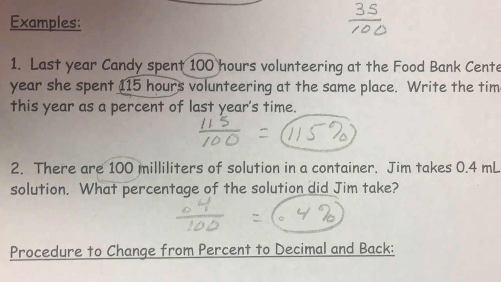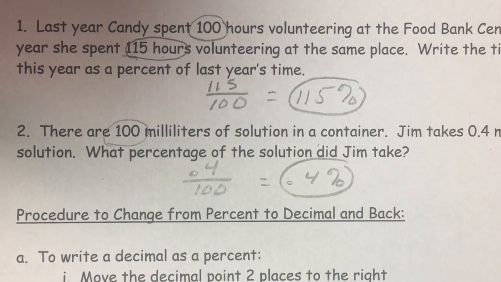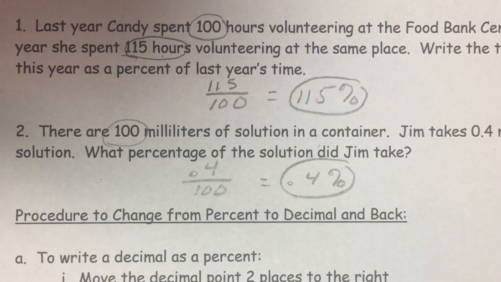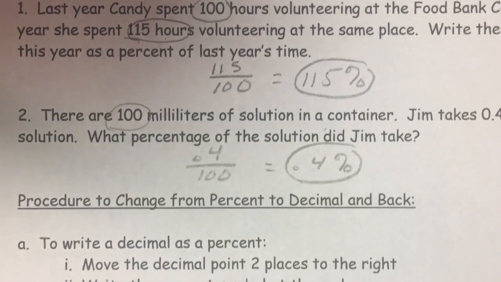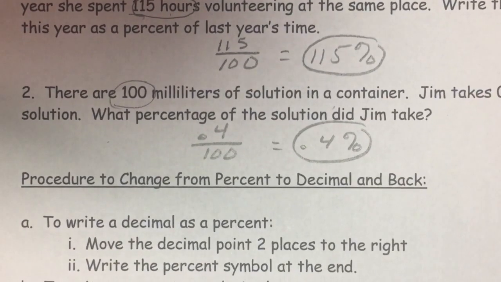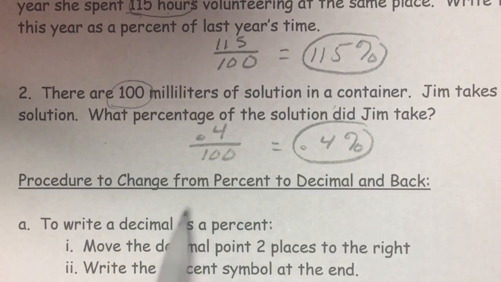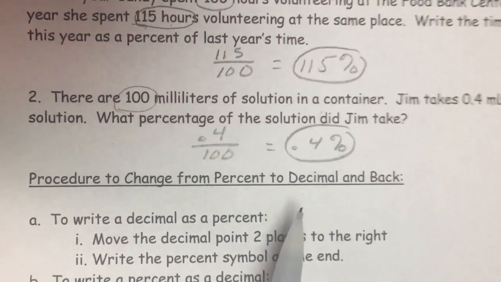So now what we're going to do with percents on the next 2 pages is we're going to change percent form to decimal form, and then on page 2 we're also going to throw some fractions in there. So number 3 is going to be easy. The first thing we're going to do is change from a percent to a decimal and back.